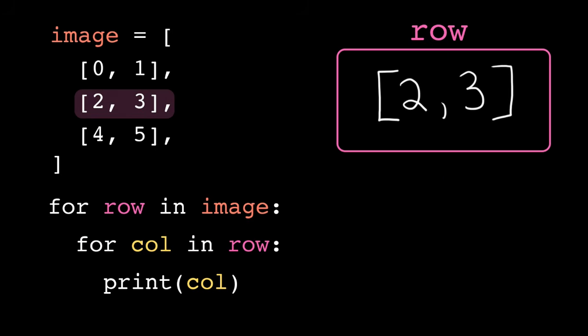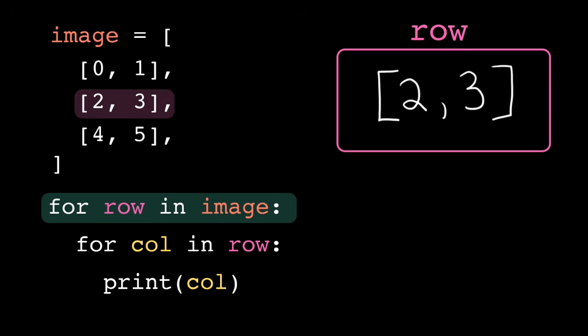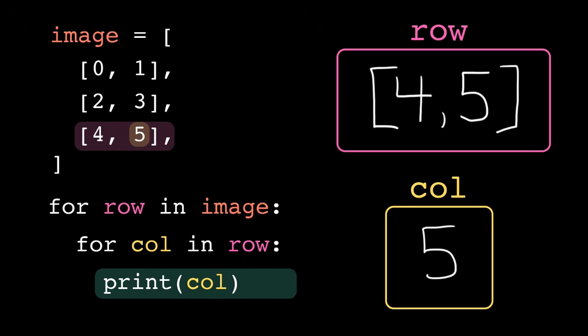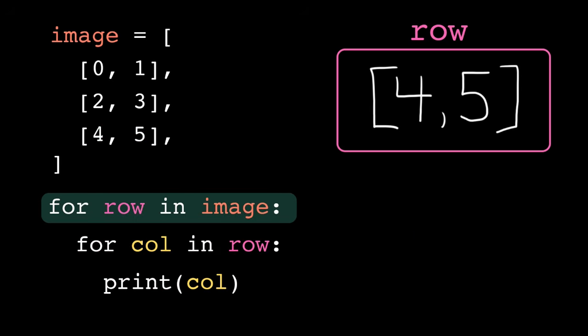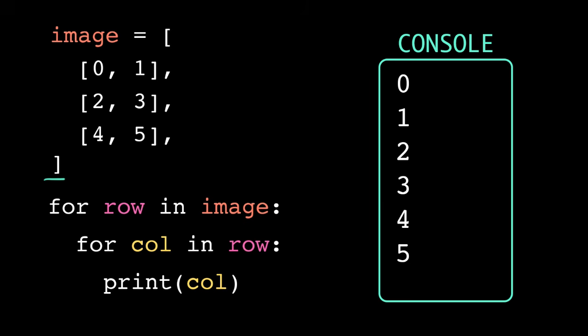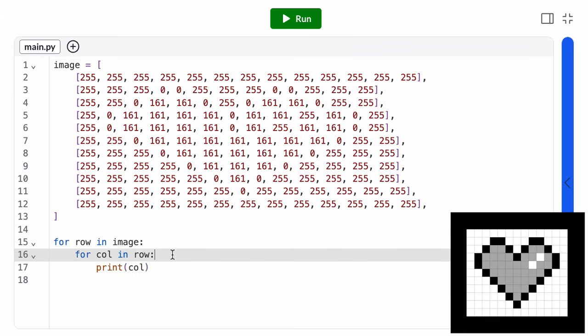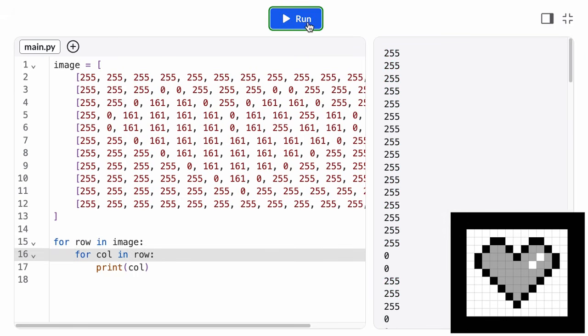Which brings us to the end of our outer loop body, so we loop back to the top and start on the next row. We do all of that again, and when we get back to the top of the outer loop this time, we are out of rows. So the outer loop terminates, and you can see that we printed every element in order of the 2D list. So the outer loop iterates over the rows, and the inner loop iterates over the columns of each row.